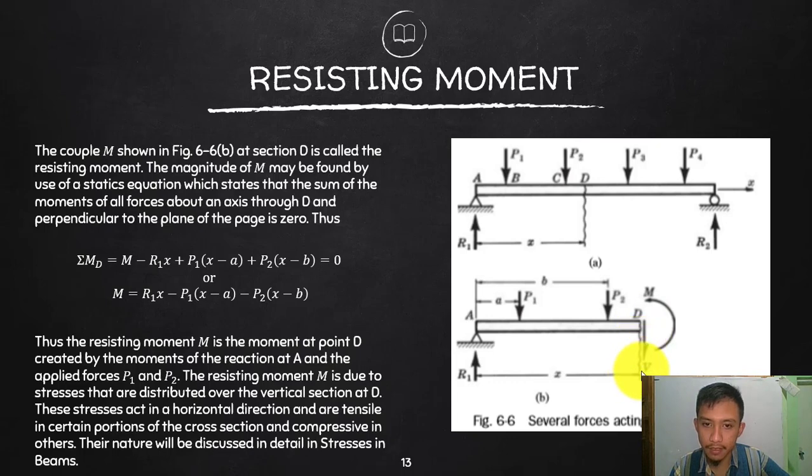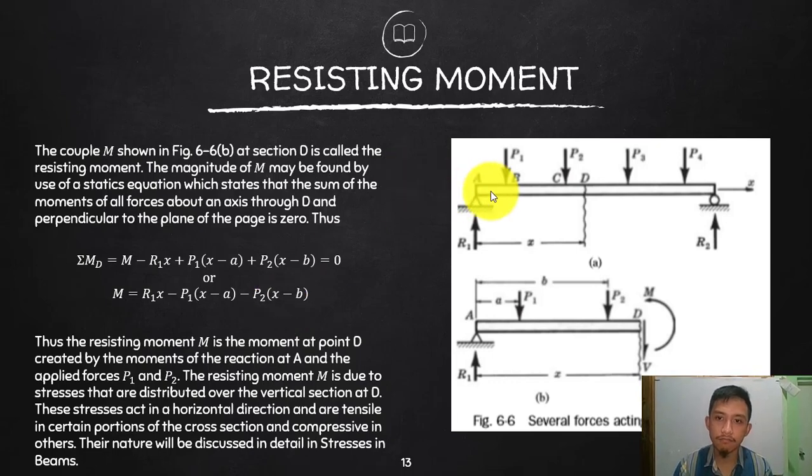Given that you already solved your reactions, I will solve that remaining vertical internal force, which is the internal shear. And same thing, if I want to analyze this other side, let's say somewhere between P3 and P4, all I need to do is cut that and then expose. But of course that is different from section D, because the distance that I am considering will be different.